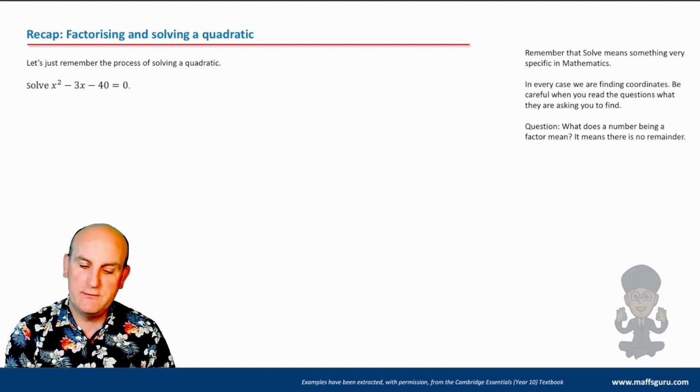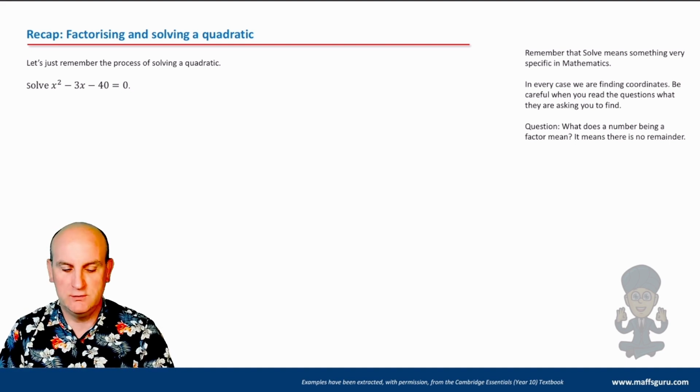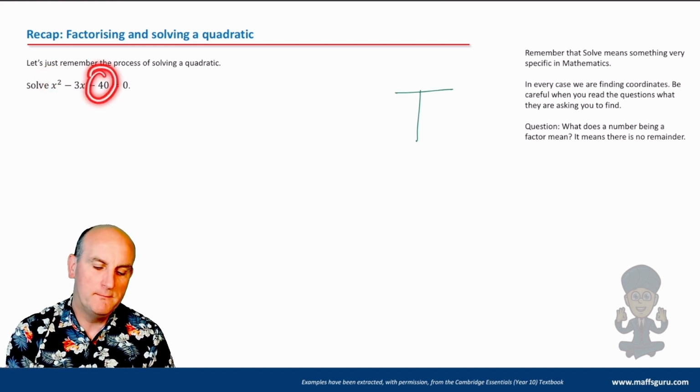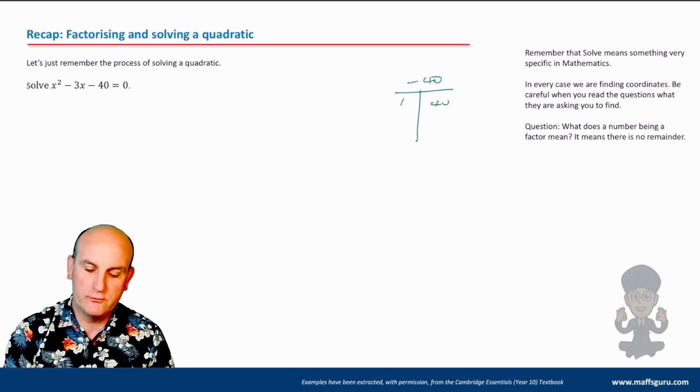Now, I don't know if you have had me as a teacher before. Sounds random. But if you have, you'll know that I'll probably do this one using what we call the T method, where I draw a T and I multiply the coefficient of the x squared by that constant there, which gives me negative 40. And then what I do is find all the factors of 40. Now, other people use things called the cross method.